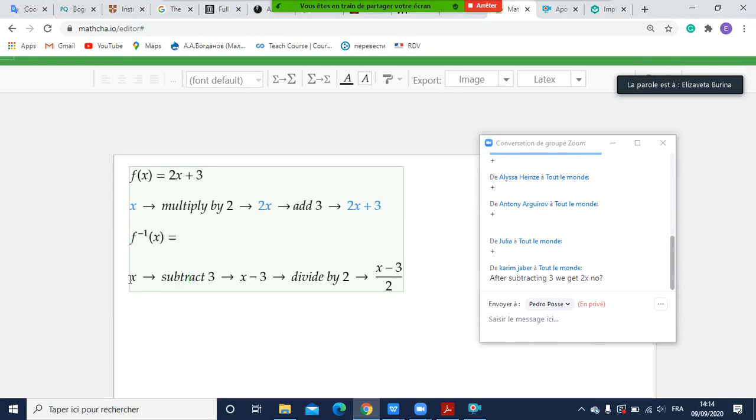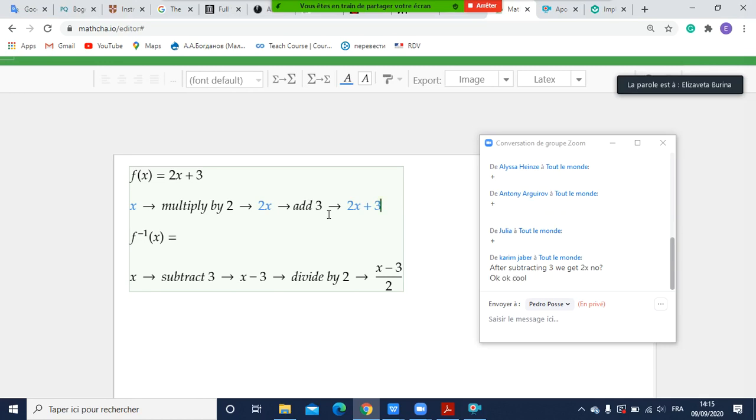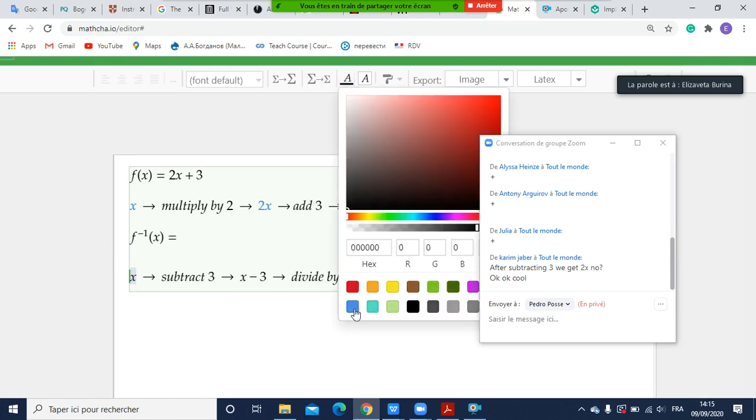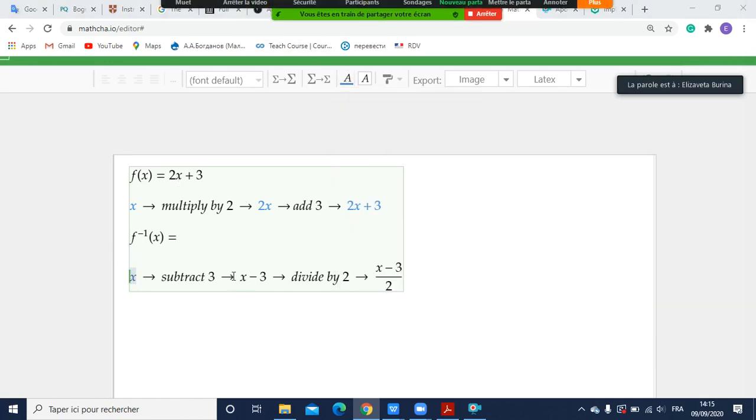So how can we find an inverse using some different logic? That was multiplying by 2 and adding 3, the algorithm that function f provided us with. Now we want to understand what the function f to the power of minus 1 has to offer. The algorithm is the following: you take x.